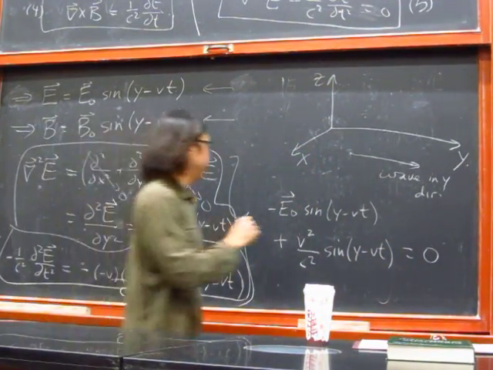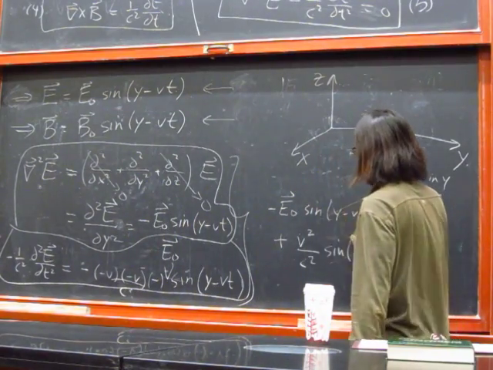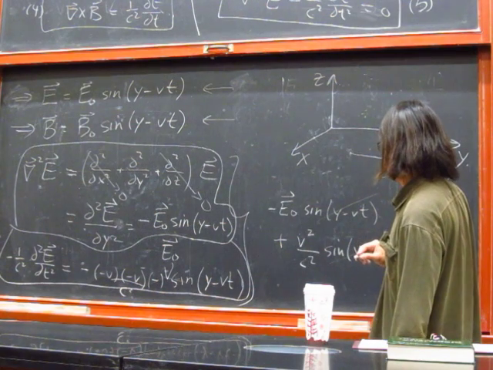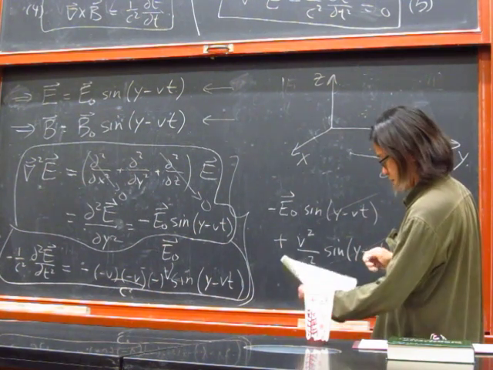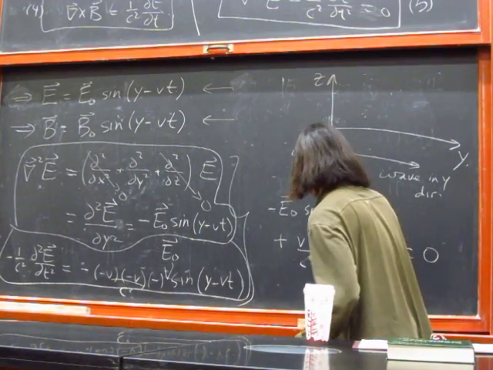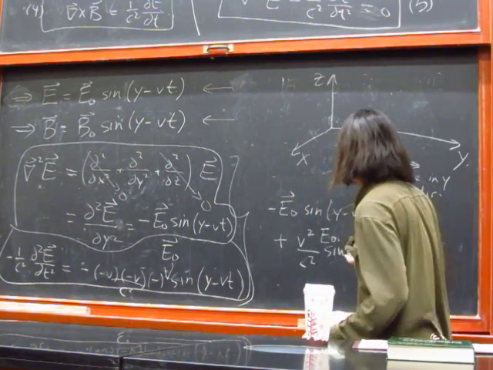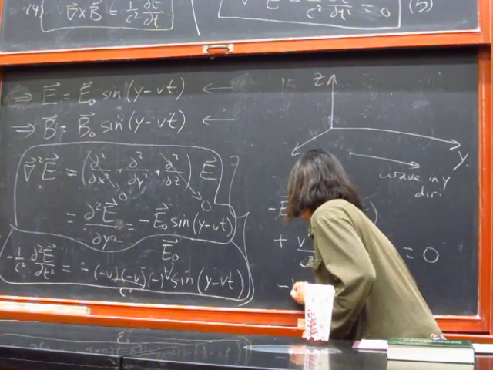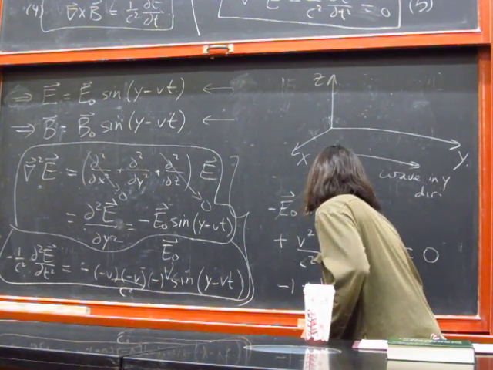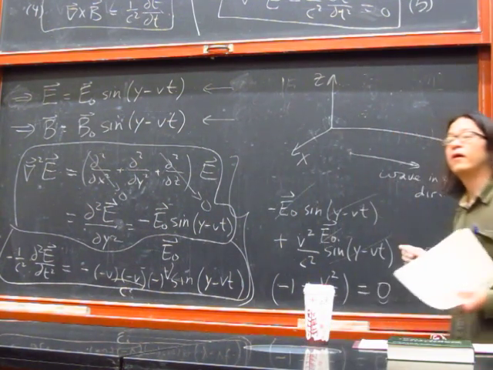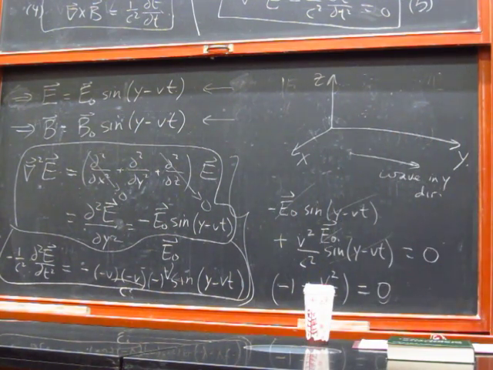And the sine drops. There is an E naught here and an E naught here, so the E naught cancels. So I have minus 1 plus v squared over c squared equal to 0.